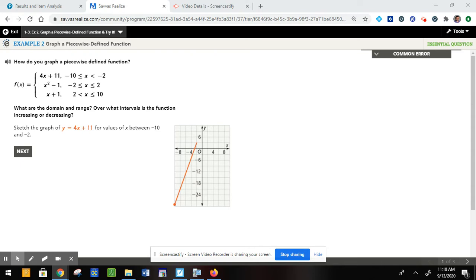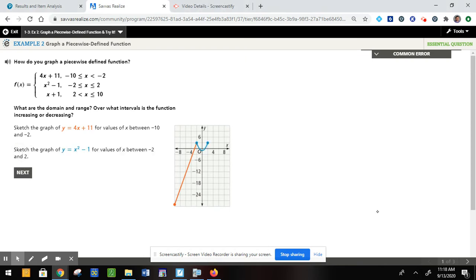So we're going to look at the domain and the range for the entire thing, and then what intervals are increasing and decreasing. So that graph y equals 4x plus 11 is only for the x values between -10 and -2. So the orange graph starts at -10 and it goes all the way up to -2 for an x value.